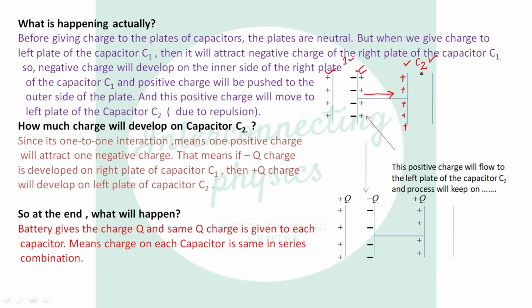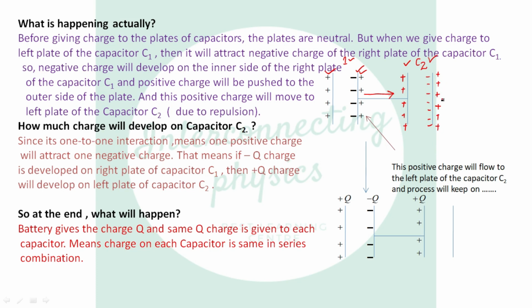Now again the induction process happens here, and due to induction this positive charge will attract the negative charge of this conducting plate towards itself, and the positive charge of this plate will come on the outer side of the plate of capacitor 2.